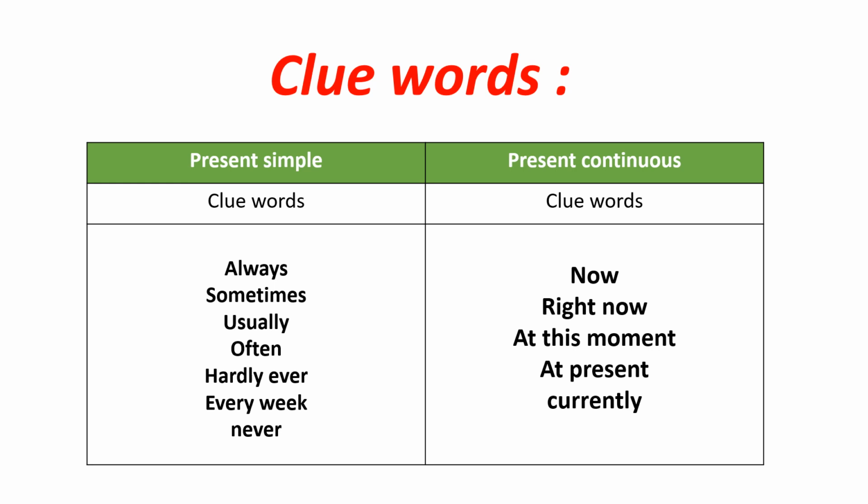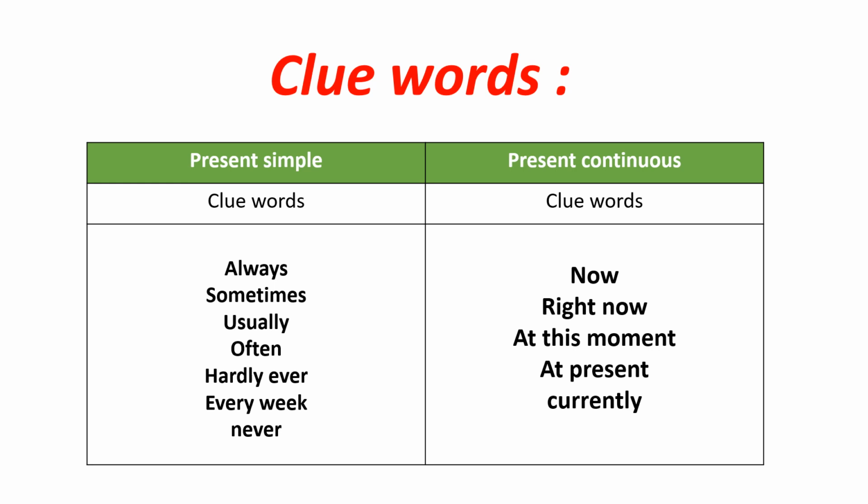Clue words are words that, if I find them in a phrase, I know that this verb is conjugated in the present simple or in the present continuous. The clue words of the present simple are always, sometimes, usually, often, hardly ever, every week, every month, every year, and never.